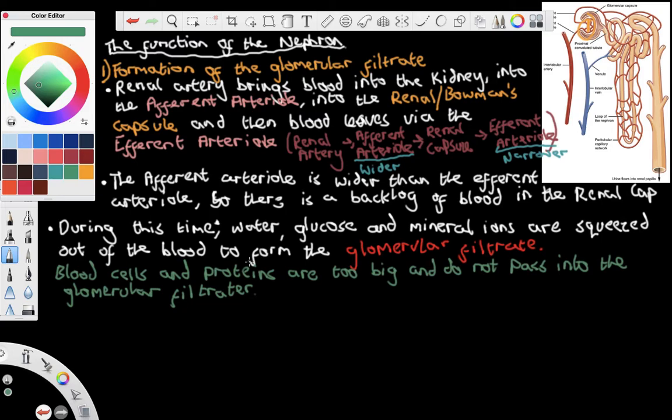Now, podocytes, which line the renal capsule, have gaps between them that allow the glomerular filtrate to pass out. So the renal capsule is kind of like a sieve. It has these podocytes lining the inside, and between each podocyte there is a gap that allows the glomerular filtrate to pass.